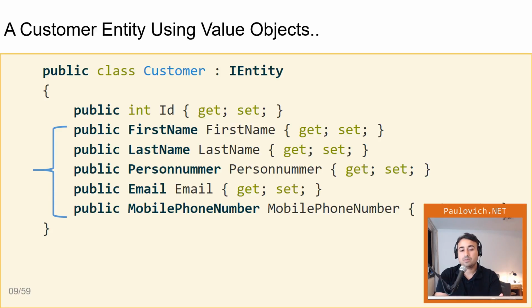We will see now that these classes are called value objects, and they are very useful. They are used to describe the entities.